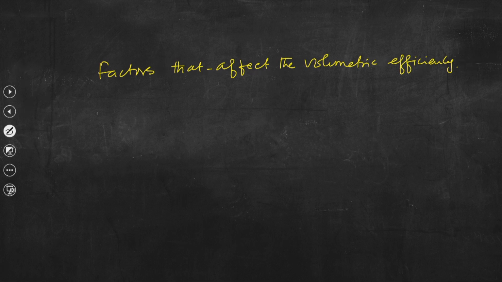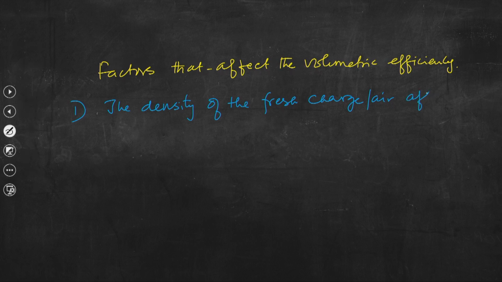So, number one, which you can readily understand, is the density of the fresh charge or air after arrival in the cylinder.